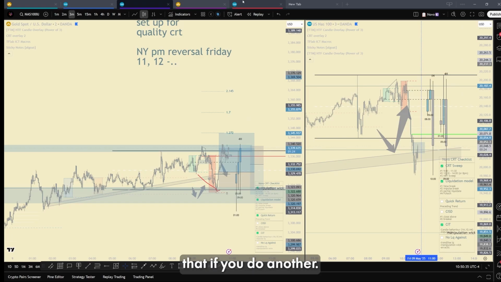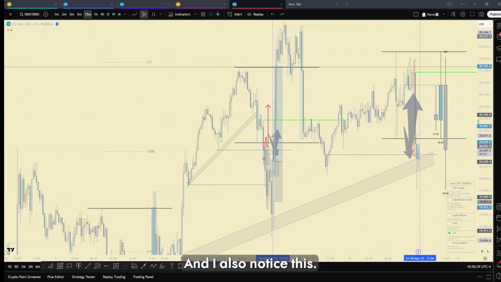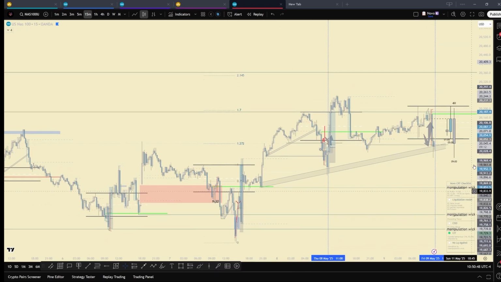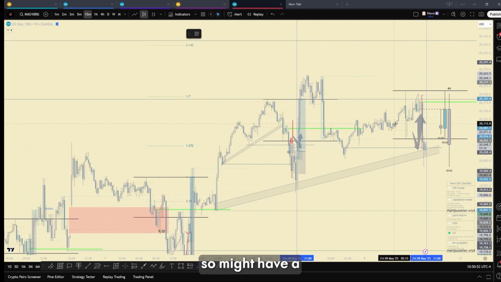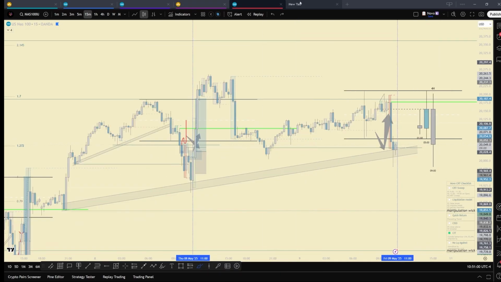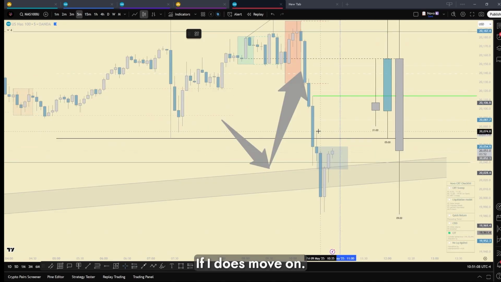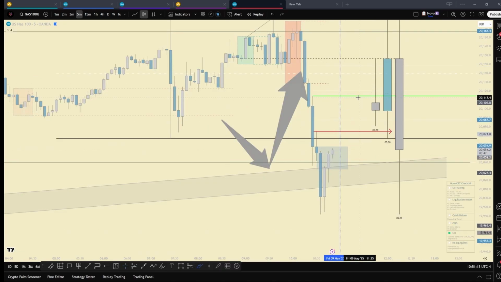Okay, so we're swinging the FVG on Nasdaq. And also what I noticed is this little trend line that we created here. So might have a push up and then down to promote this, or if price does move quite well above here, I'll potentially look into this.